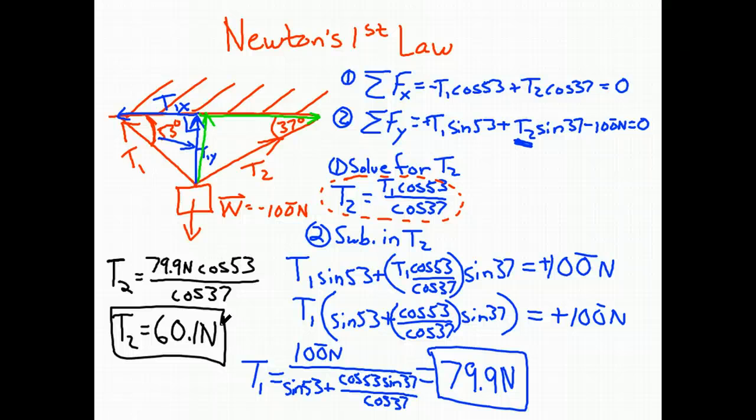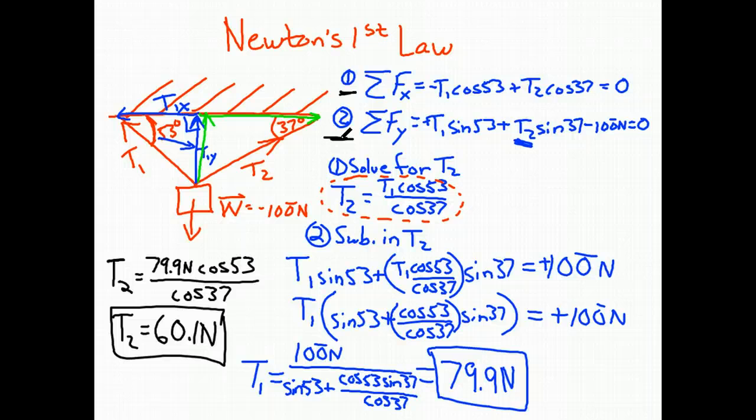All right. So once again, follow the steps just like we did in the first example problem. You first have to, what I think, make a table. Use Newton's first law that says the sum of the forces equals 0. Add up all your x components, equal them to 0, which is right here. Add up all your y components, equal to 0.